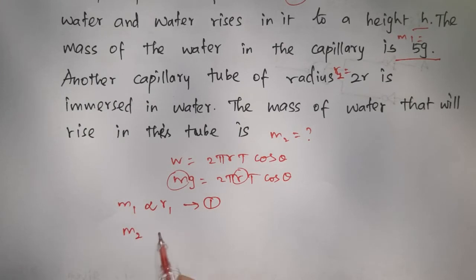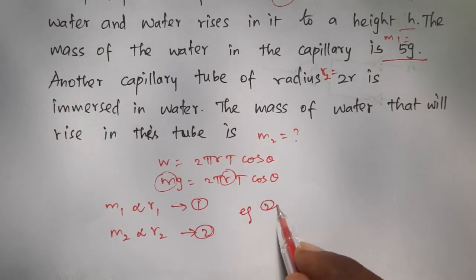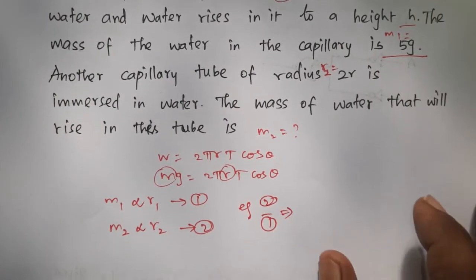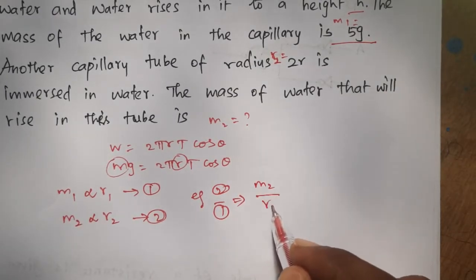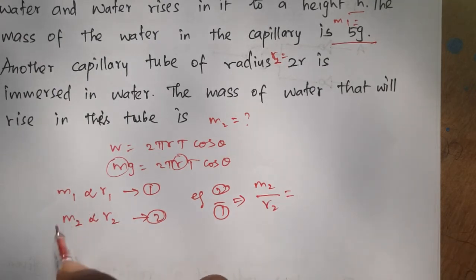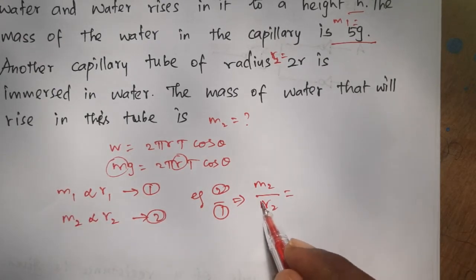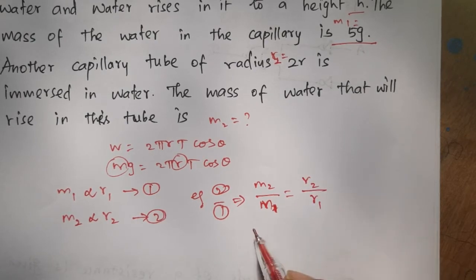For m2 also, the radius is directly proportional, let this be equation 2. Now we can divide equation 2 by 1 because we are going to find the m2 value. So m2 by m1 is equal to r2 by r1.